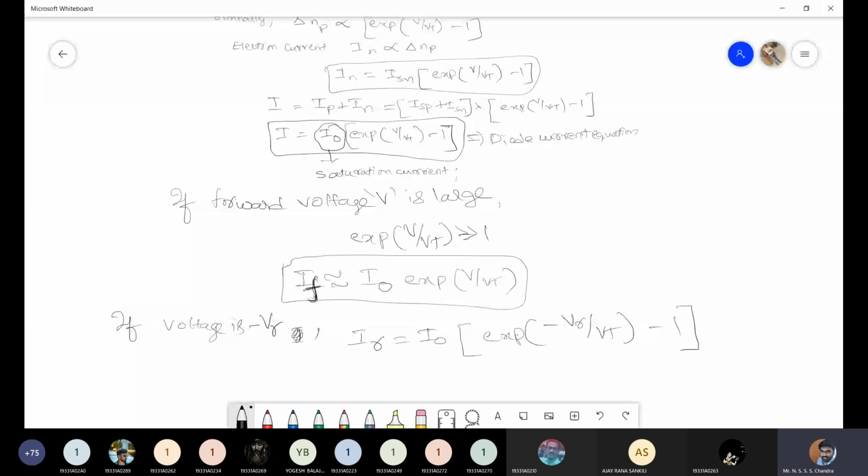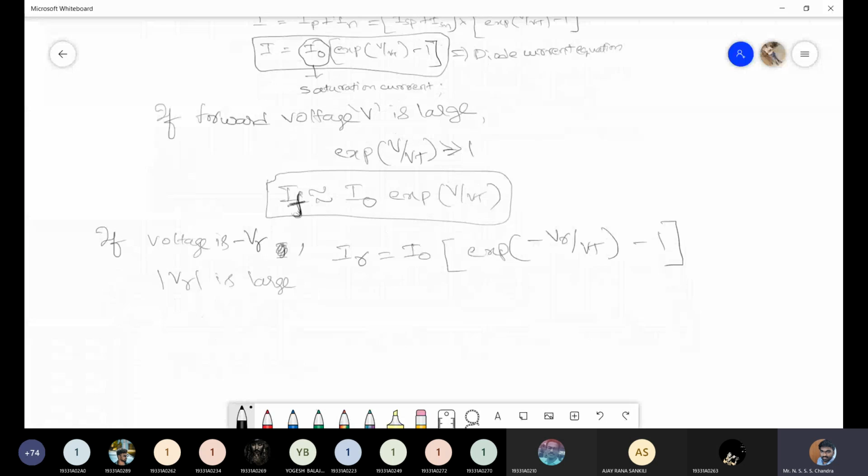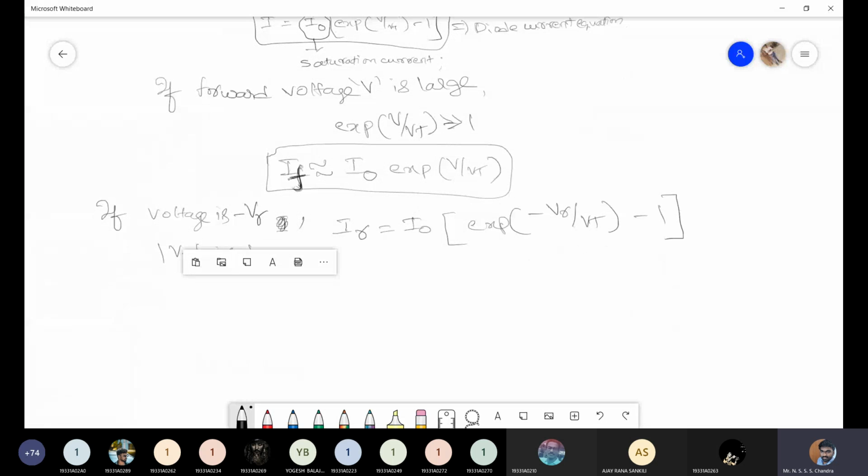If the magnitude of VR is large, like earlier, now know that if x is a large number, e power x will be a very large number, whereas e power minus x will be a very small number. So if modulus of VR is large, then exponential of minus VR by Vt will be small, less than 1.